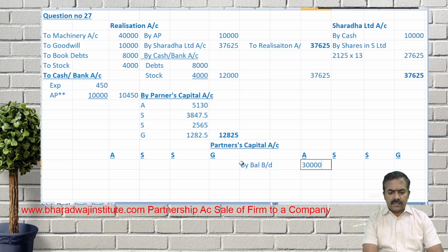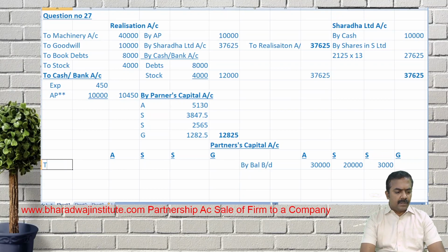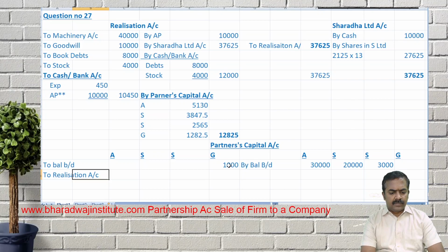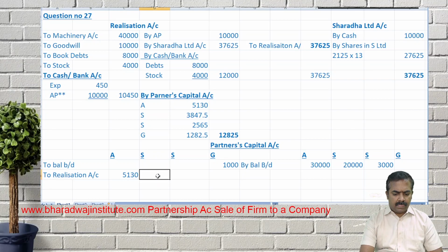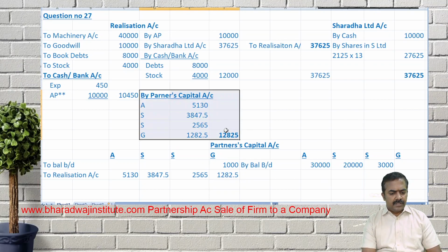A 30,000, yes. 20,000, yes. 3,000. To balance brought down. Then to realization loss. What is the loss? Realization loss account is done.